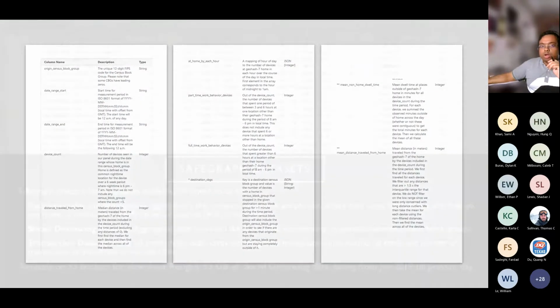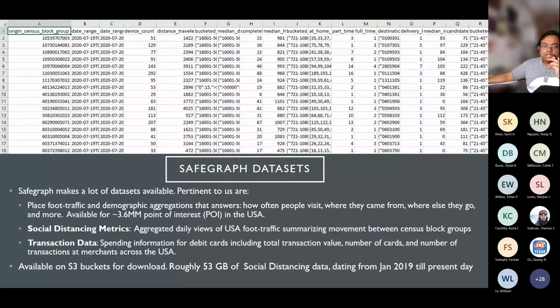What they do is they collect data from a bunch of your apps on your cell phones. When you first open your apps, they say, okay, we'll be collecting some data from you as you're using this app. So SafeGraph is one of those companies that buys the kind of random aggregate data that various apps collect from your cell phone.